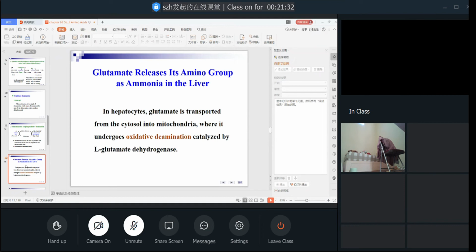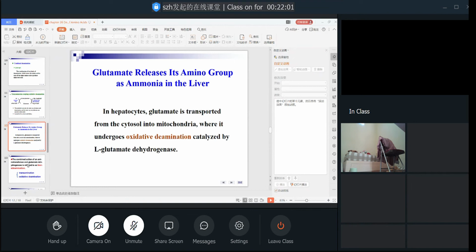Another thing you can see is that in the liver, glutamate is transported from the cytosol into the mitochondria, where oxidative deamination is catalyzed by the glutamate dehydrogenase. In the mitochondria, it is used to synthesize urea.